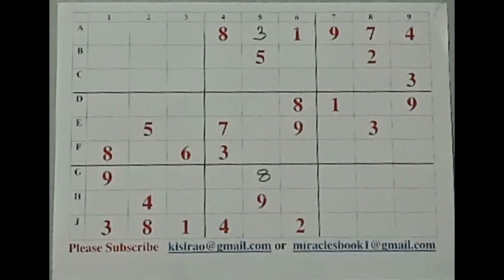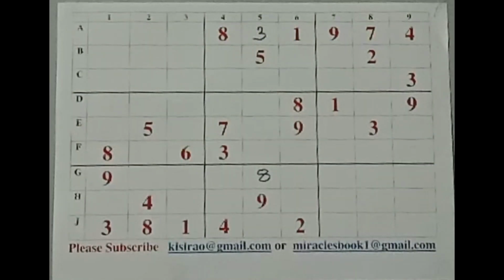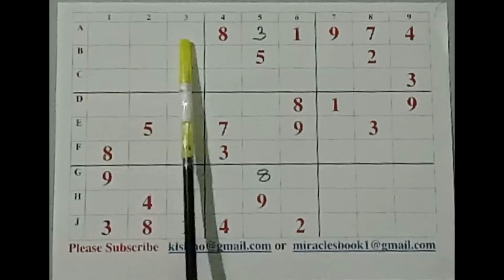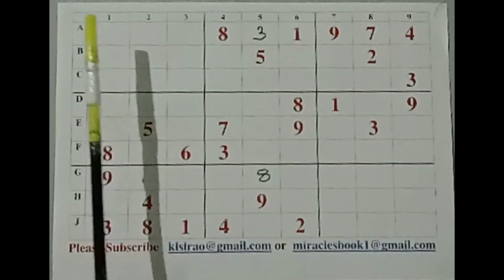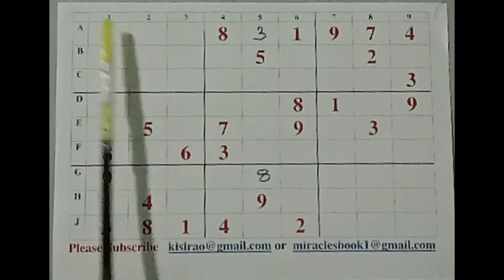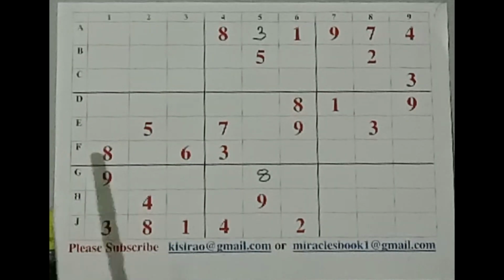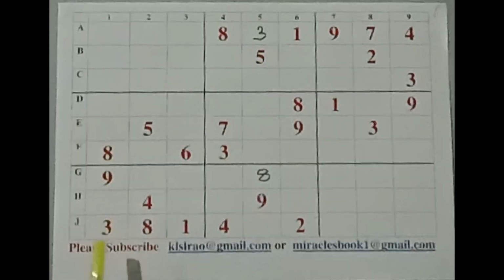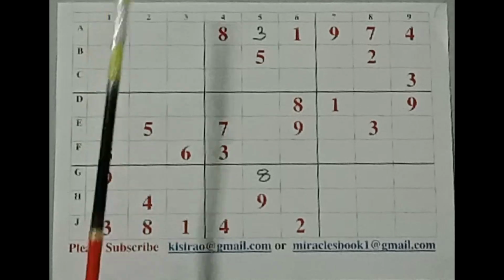Okay. Now, this 3 enables us to look across to this row A. We now have only 3 vacancies here because of this 3. So, what are the 3 numbers required for these 3 cells? It is clearly 2, 5 and 6. We don't have any cross check here.